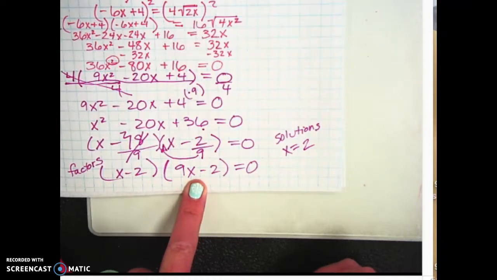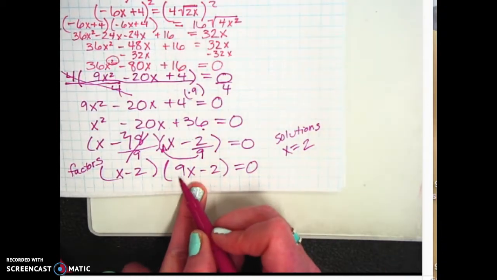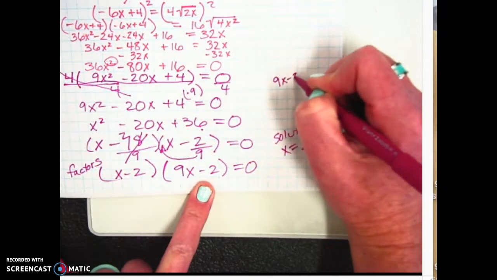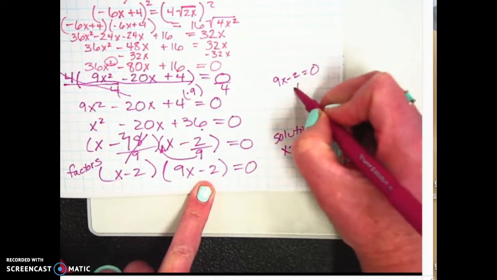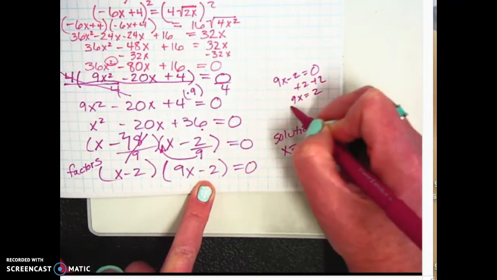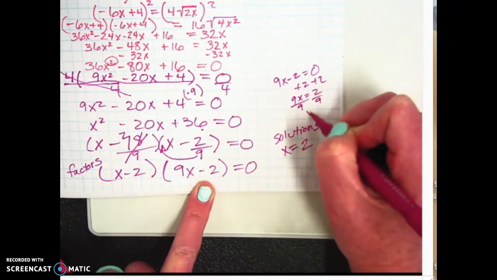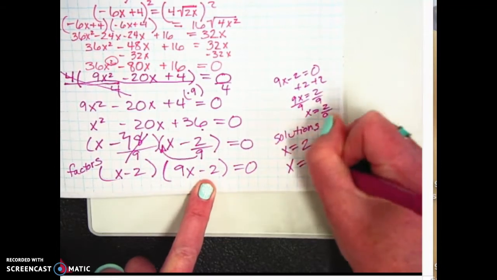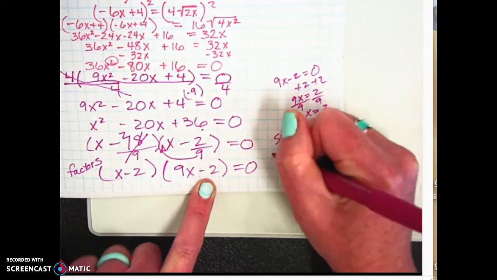It's going to be a fraction, right? See, because it has a coefficient of 9. So if I take 9x minus 2, set it equal to 0, add 2 to both sides, we get 9x equals 2, divide both sides by 9, so x equals 2 ninths. X equals 2 ninths.